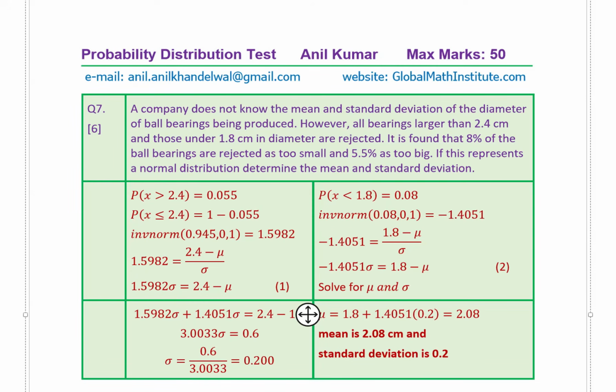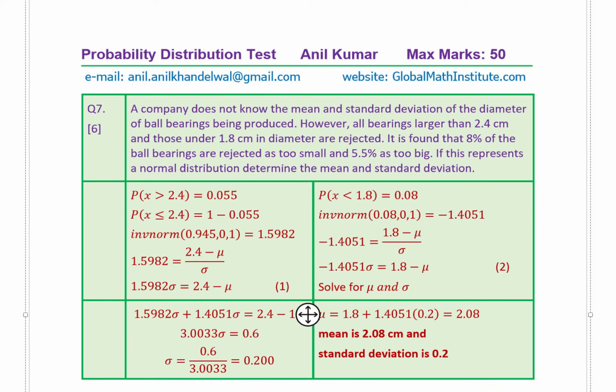Second last question for you, question number 7. You can always pause in between, answer these questions. This is a very important question and will definitely help you for your own exam. A company does not know the mean and standard deviation of the diameter of ball bearings being produced.